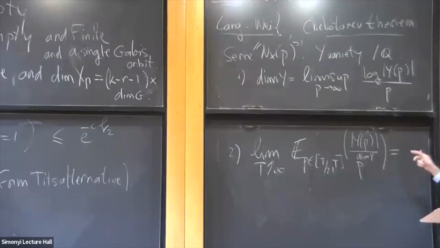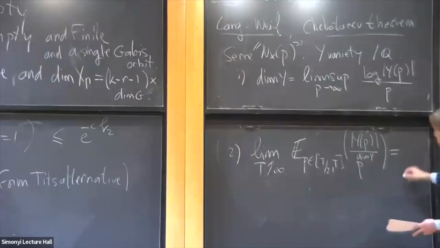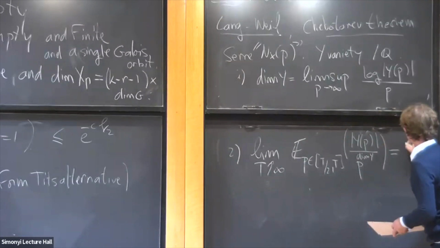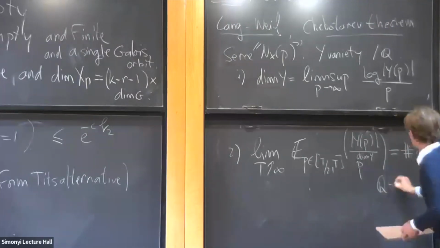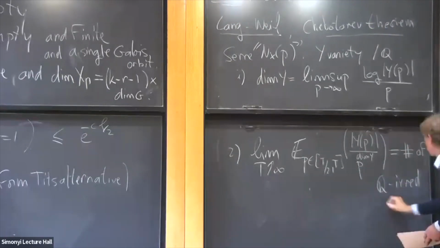It becomes the number of Q-irreducible components.